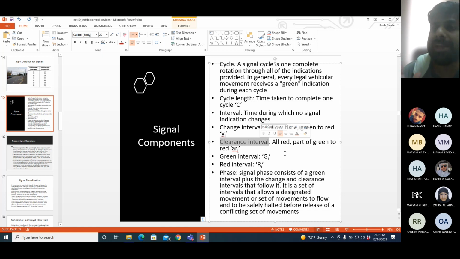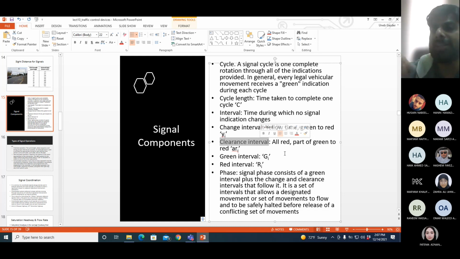So we make sure that no other direction receives green immediately or even yellow immediately. There will be a couple of seconds for this driver to clear the intersection, and this is known as clearance interval. So during clearance interval, all directions have red. This is for the drivers who have already passed the stop line to clear the intersection. They cannot stop now, they should clear.